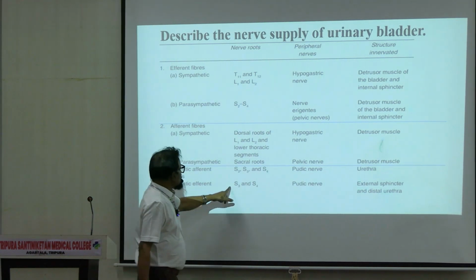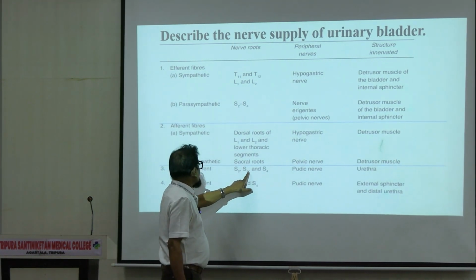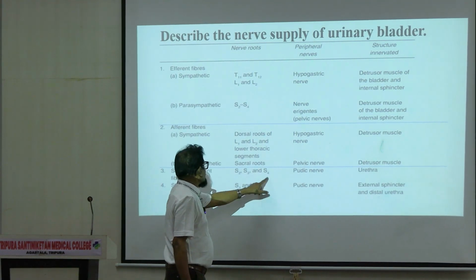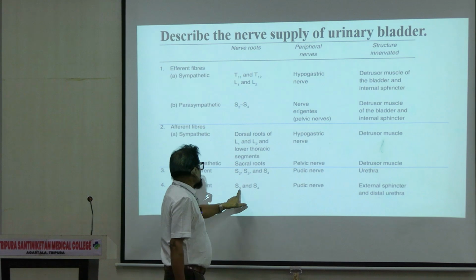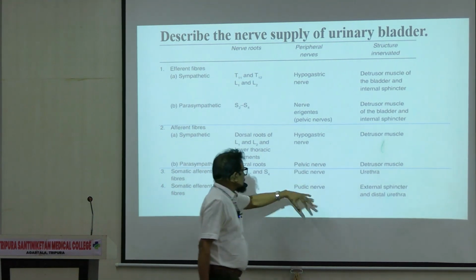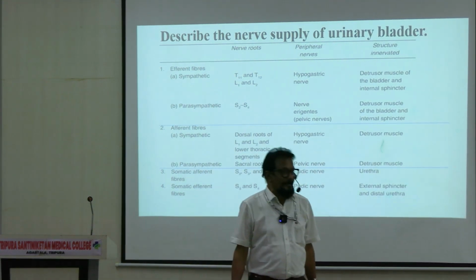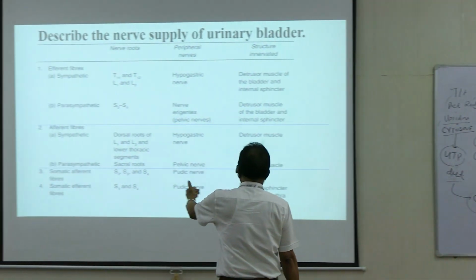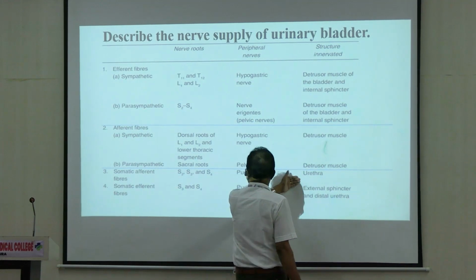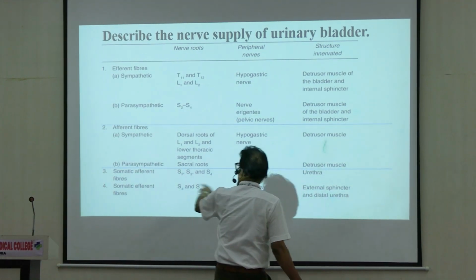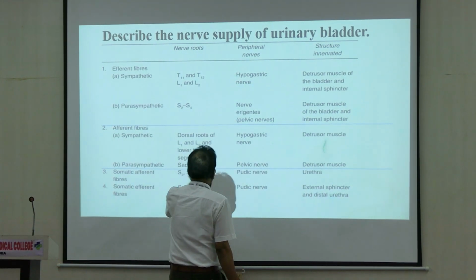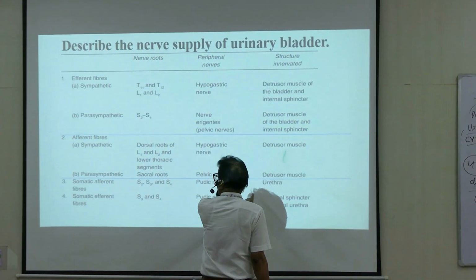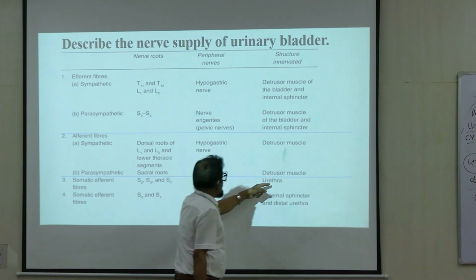They originate from S2, S3. Afferents originate from S1, S2, S3, S4, and efferents only from S3 and S4. And the nerve is pudic. Sometimes it is called pudendal. Pudic is also called pudendal nerve. Okay, so they supply only the urethra. Okay, what is this? This is a nerve, and it is afferent or efferent? Afferent.